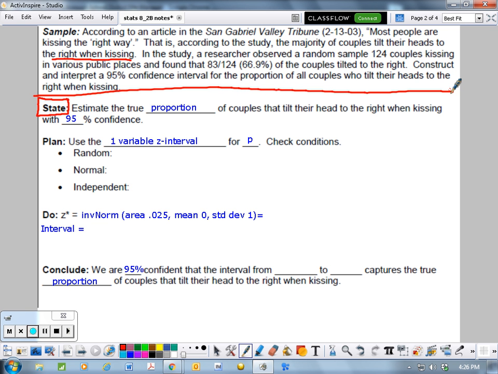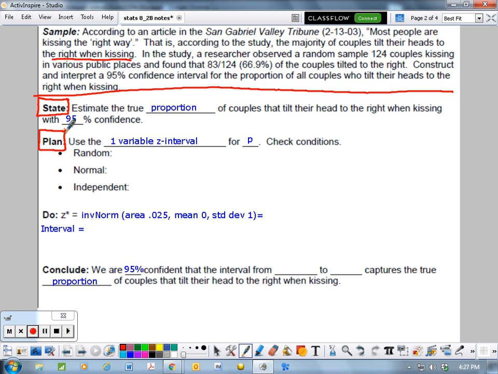So what are we going to do? We're going to estimate the true proportion of couples that tilt their head to the right when kissing with 95% confidence. So it's really just stating what are we trying to do, so later on we know how to explain it. Okay, plan.